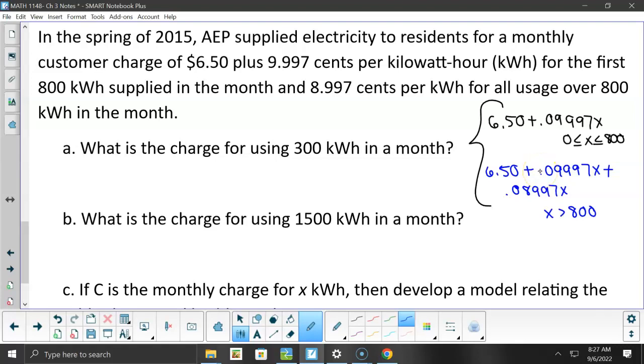So it says for all usage over 800 kilowatts, so you get charged the higher rate, and then if you go over, they drop your rate price down, but you still have to pay for that original 800 kilowatts.